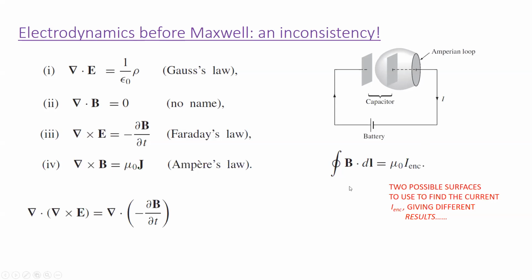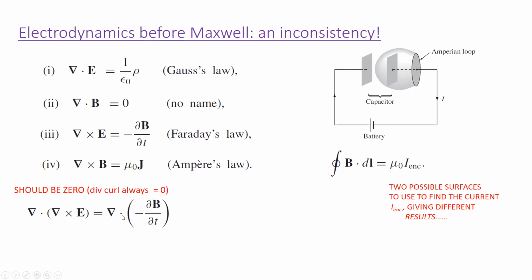Mathematically, if we take the divergence of the curl of E, that should be 0, because the divergence of the curl of a vector field is always 0. And from Faraday's law, we know that the curl of E is minus dB dt.